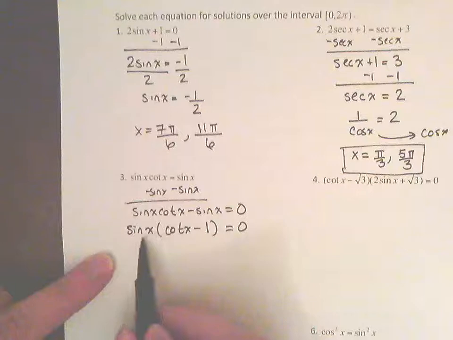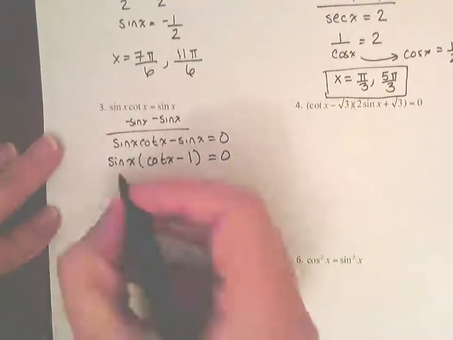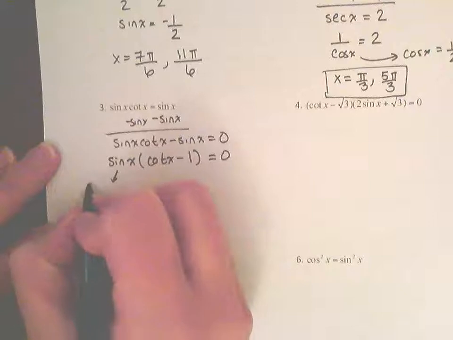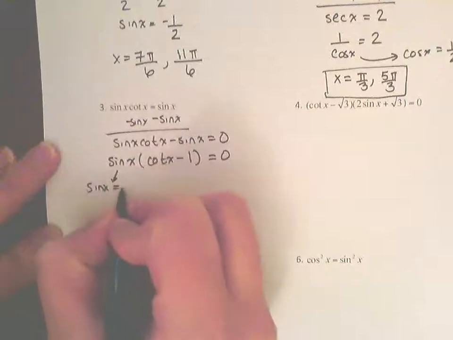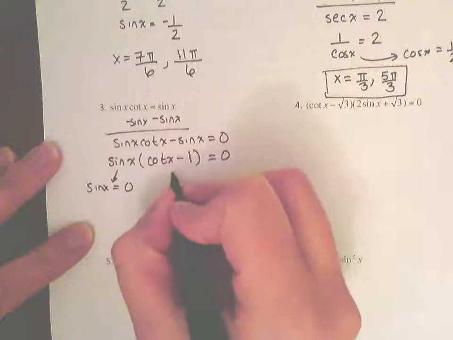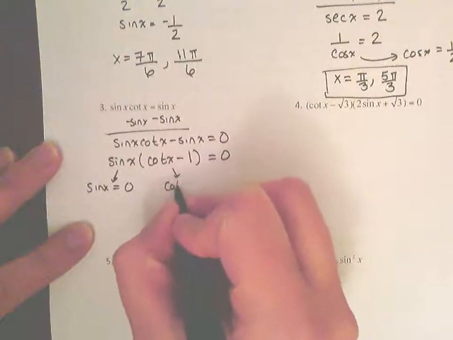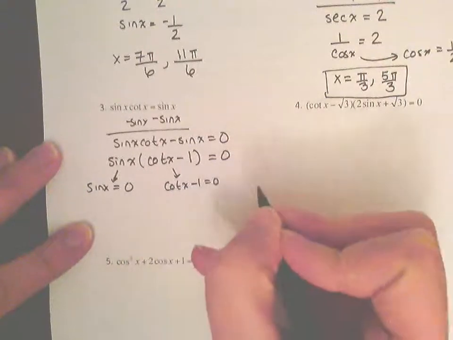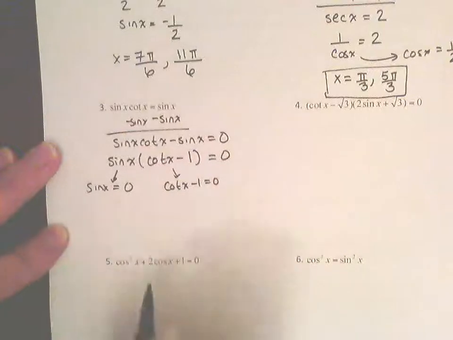And here we have two terms, and we can use the zero product property to solve this. So one side is sine of x equals 0. And this side, when we set it up, cotangent of x minus 1 equals 0. We'll come back to this in 1 second.